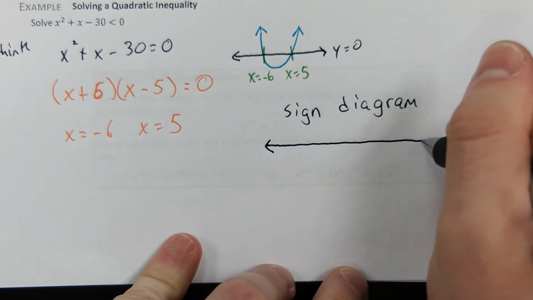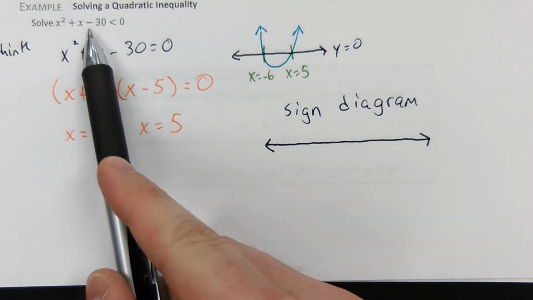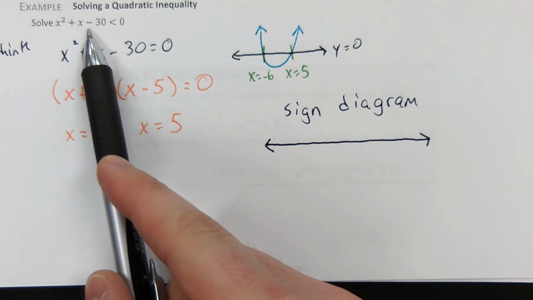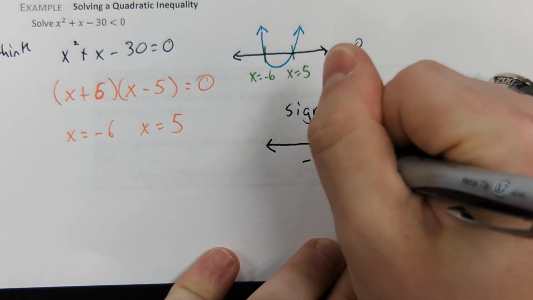A sign diagram represents the x-axis. And what you put on this x-axis are what we call critical values. Critical values are where your polynomial equals 0 or is undefined. The polynomial is never undefined, so we only have two x values on this sign diagram, that's negative 6 and positive 5.